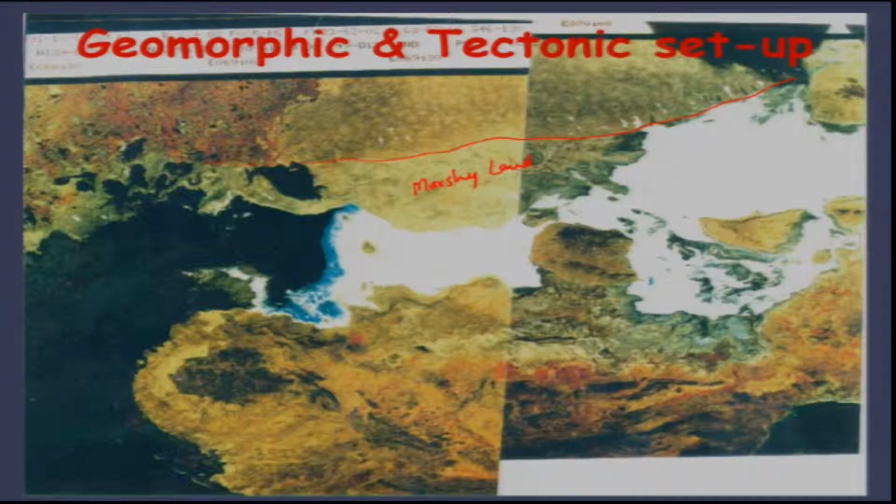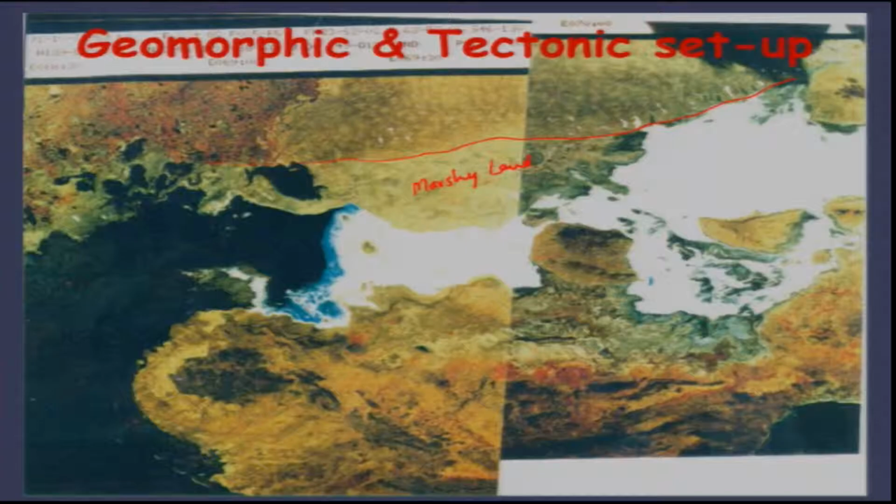This is because of the water content. This is a meandering channel which comes and meets this reservoir. So, this dark color is your pond, or maybe a water body.